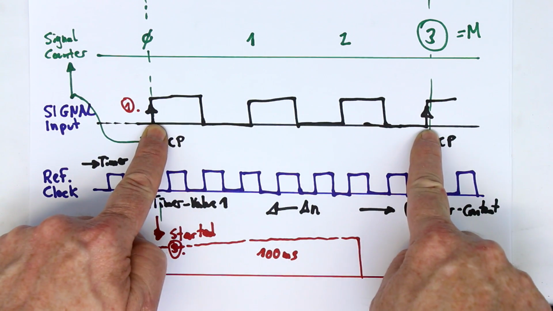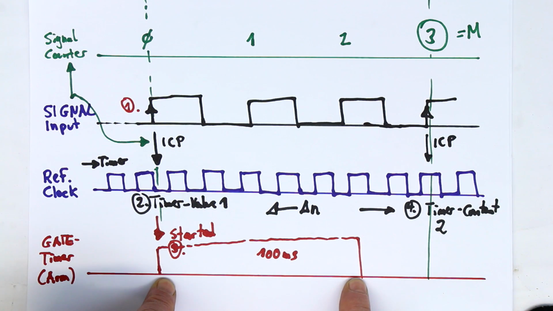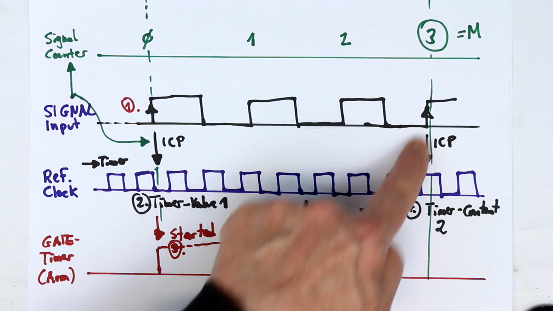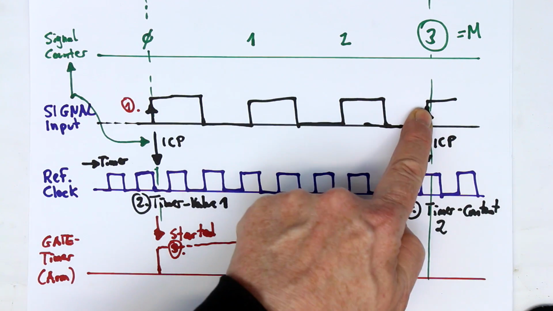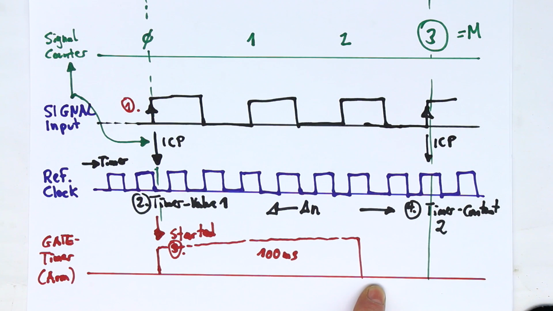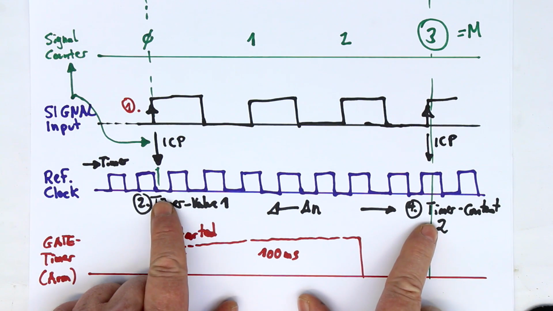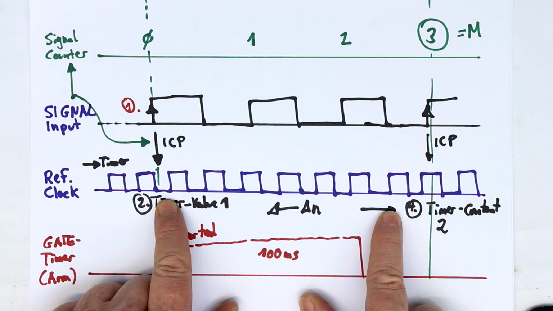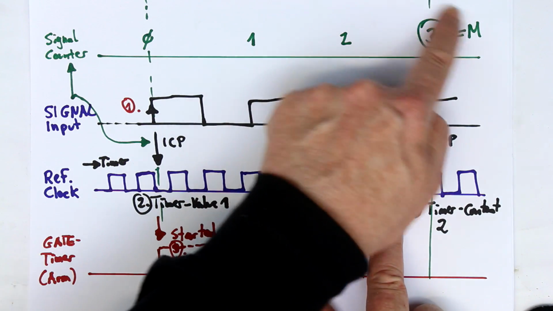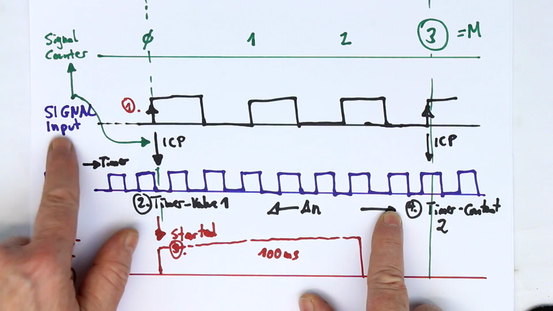And the total measurement time is not the gate time. It's always greater than your gate time, because after your gate time has expired, you always wait for the next rising edge. So, and now it's also quite easy what's happened if you know you have delta n reference clock pulses in relation to m signal pulses.